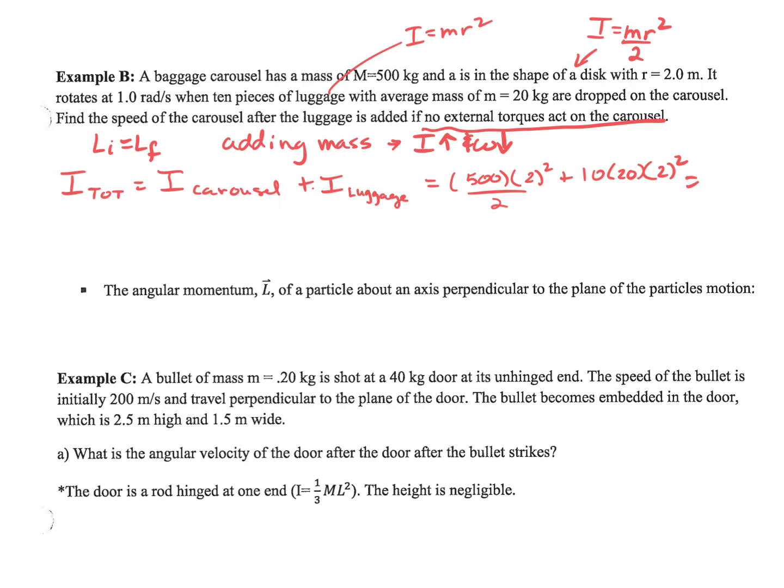So when we work this out, what do we get? So we get 1,800 kilogram meter squared. Okay, so there's my I total for the whole thing.